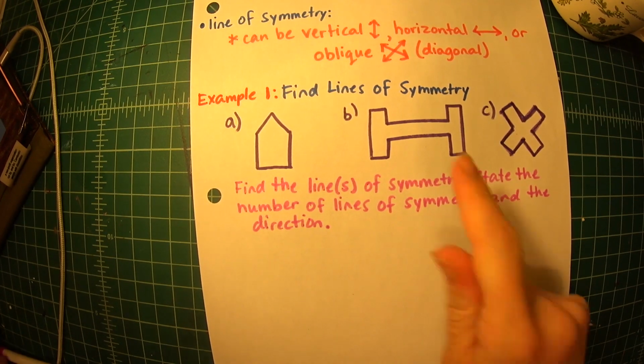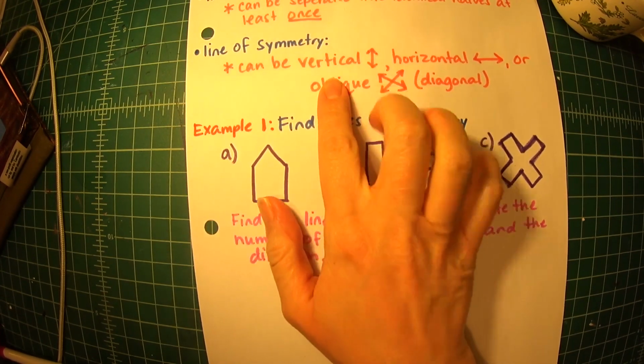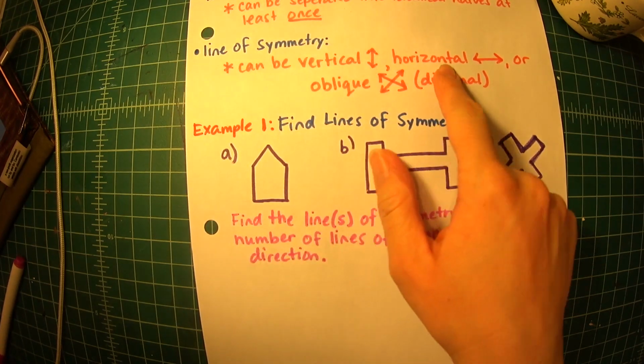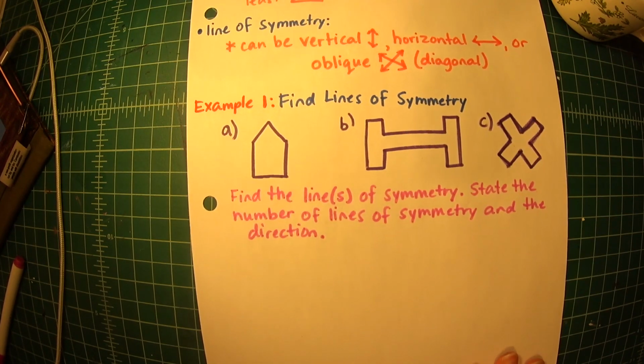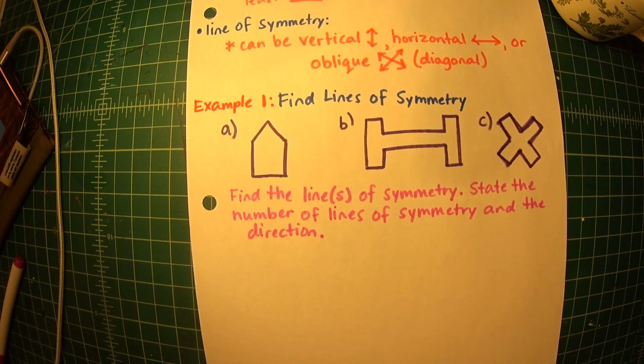Okay, so remember when we're talking about direction, that brings us back to this part where we said you can have vertical, you can have horizontal, you can have oblique. So that's what we're looking for here.